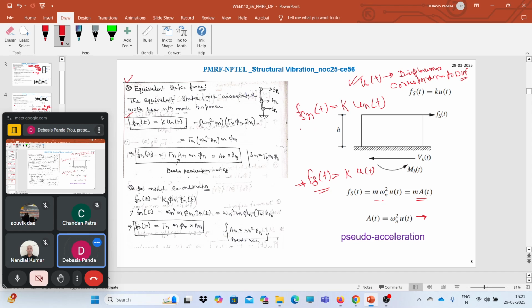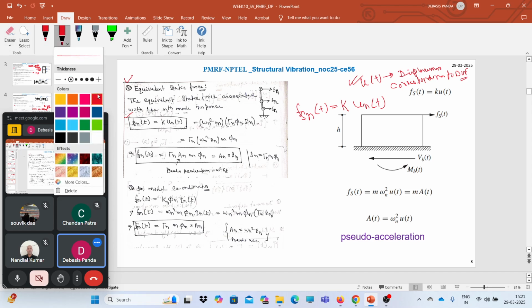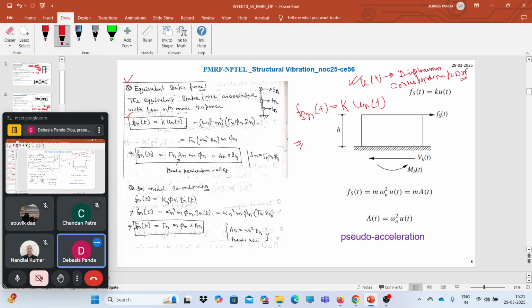Now further we can simplify this equation. Fsn of t equals k, and we know k equals omega n square into m, multiplied by u of t.